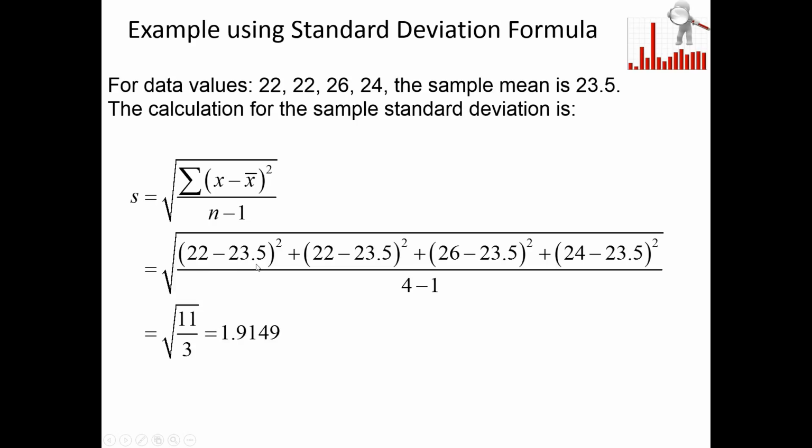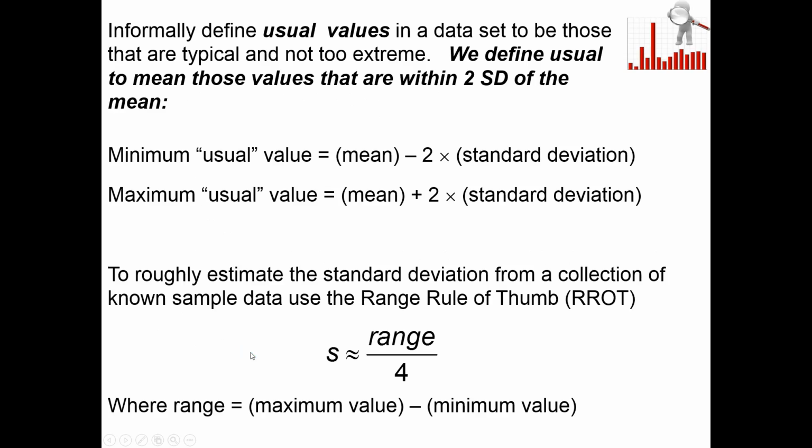So for each of the data points, subtract the mean and square those. Those are the squared distances. And we're taking almost an average. We're dividing by n minus 1, which, as I mentioned, is a better estimator for the population standard deviation than just dividing by n. So in this case, the sample standard deviation is this value.